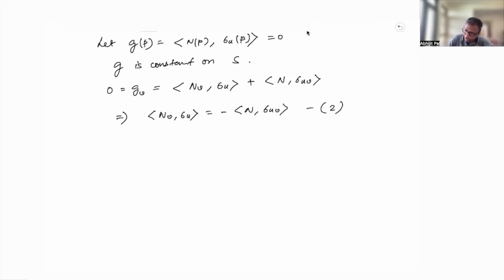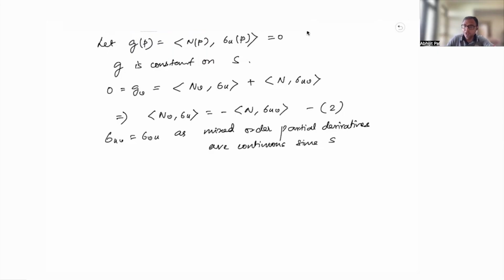You have to use another fact: sigma UB is equal to sigma BU, as all these mixed order partial derivatives are continuous, since S was assumed to be a smooth surface.